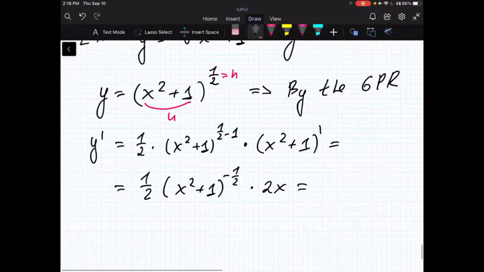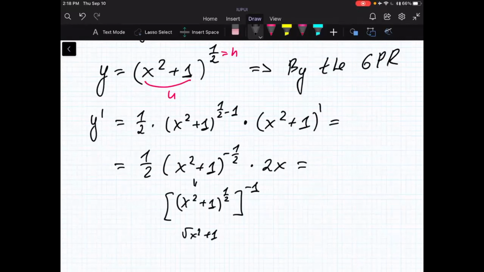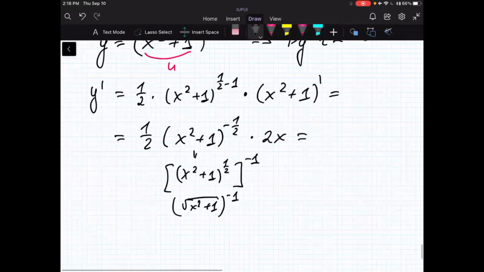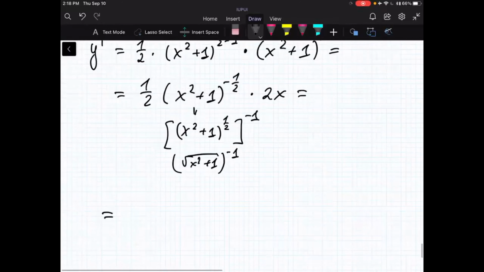And then you can write it in terms of square roots, because what is x squared plus 1 to the power minus 1/2? This is the same as x squared plus 1 to the power 1/2, and then to the power minus 1, which is square root of x squared plus 1 to the power minus 1. So, I mean, I just write it with as many details as I can.